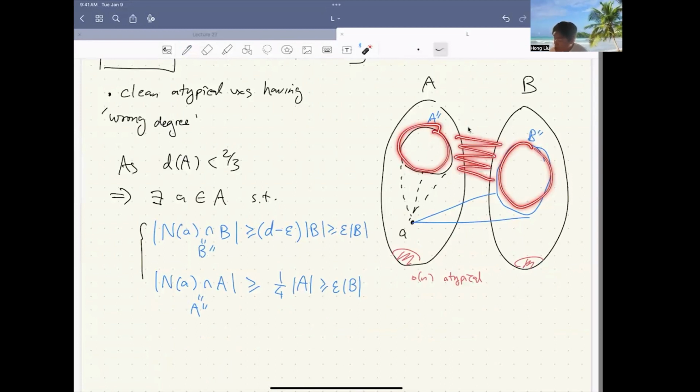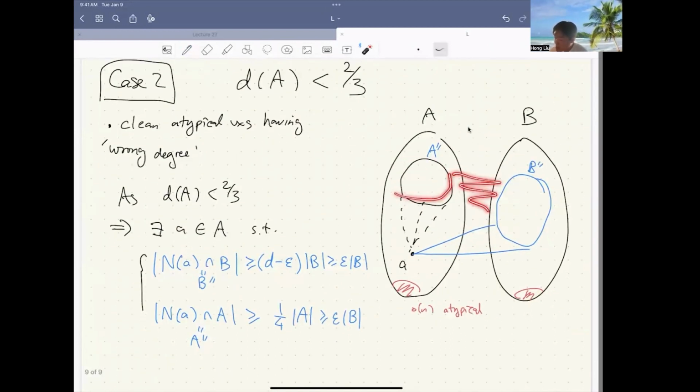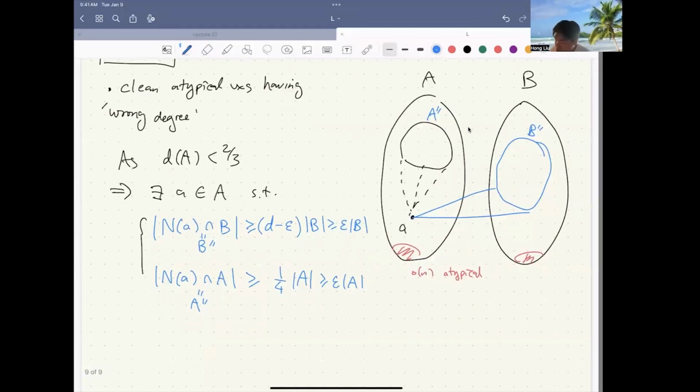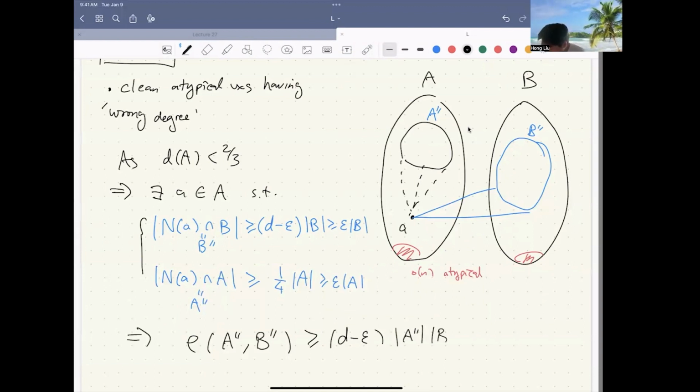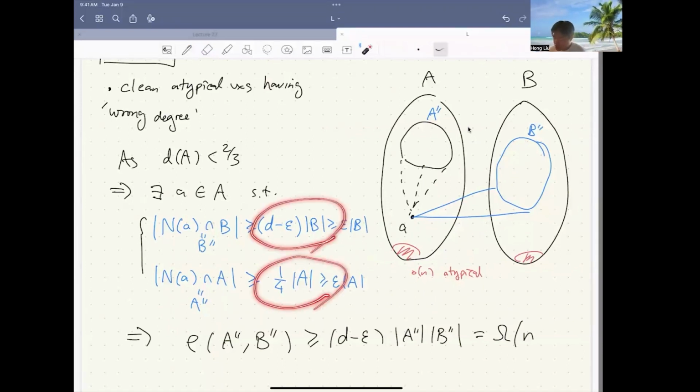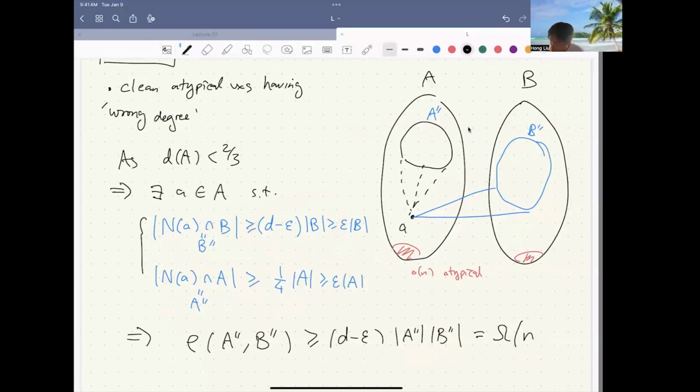That means since AB is a regular pair, and each one of these subsets is at least epsilon fraction, the number of edges between A double prime and B double prime is at least D minus epsilon times |A double prime||B double prime|. Which, anyway, is linear in n squared.